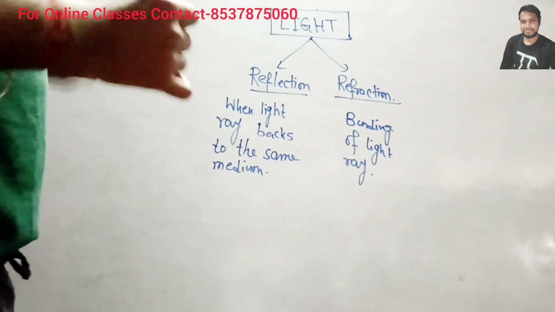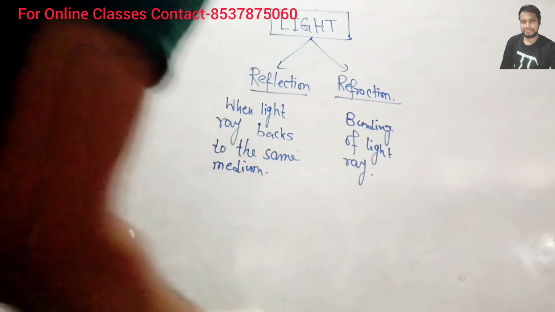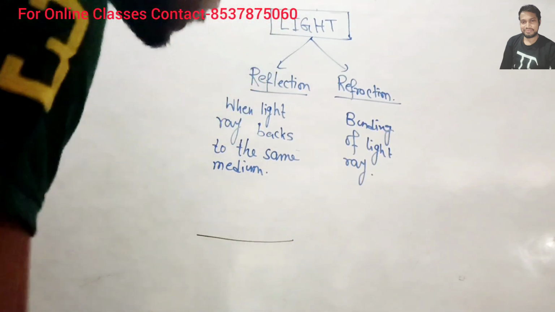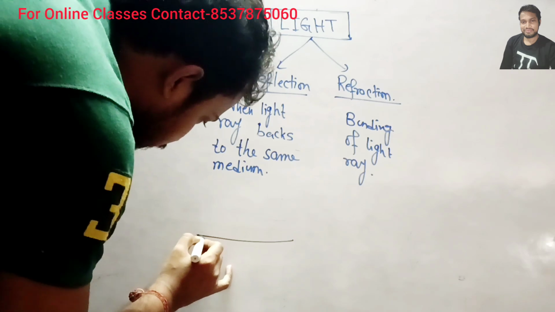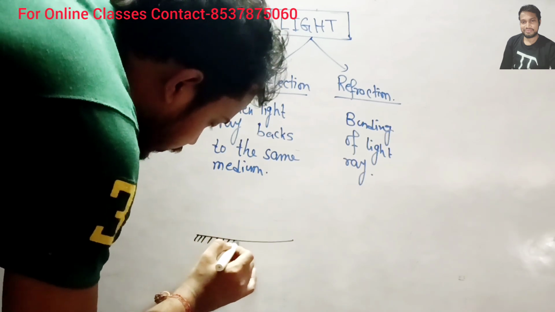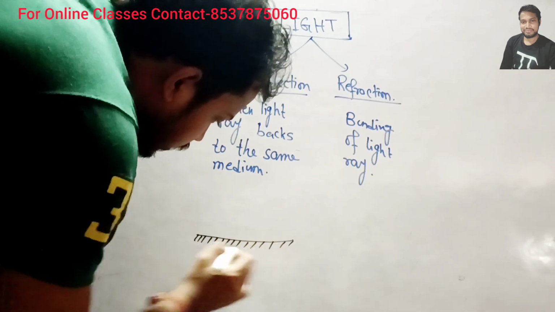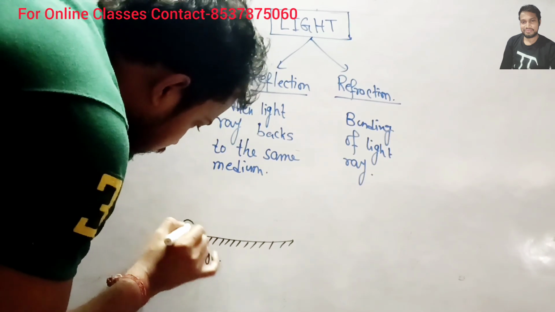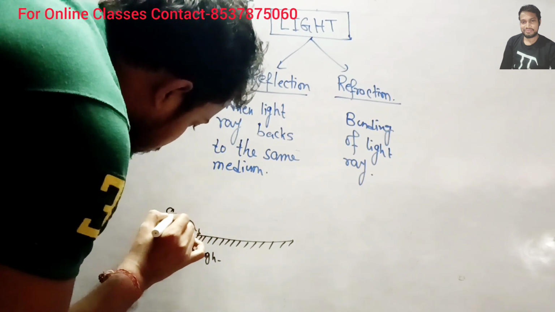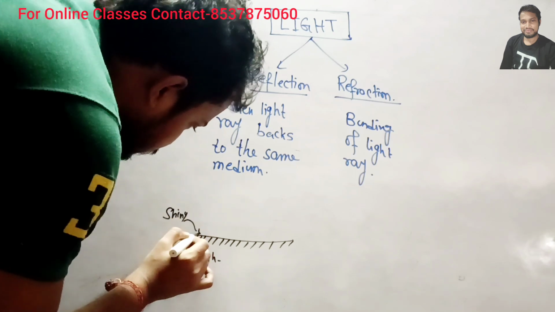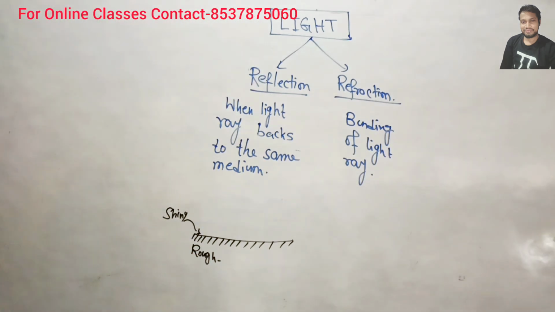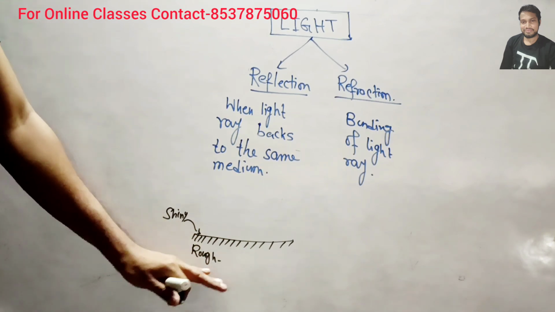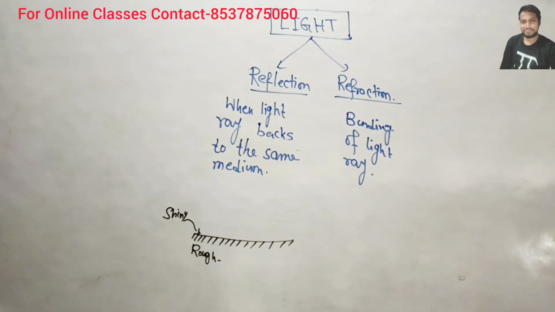If we compare these two, let us consider a mirror. A mirror is basically rough on one side and shiny on the other side. The bottom part is rough and the top part is shiny.